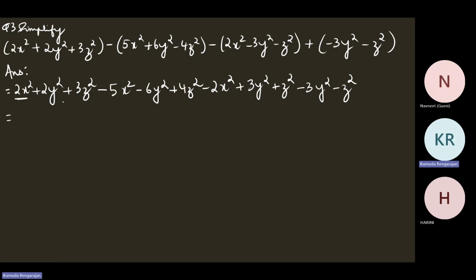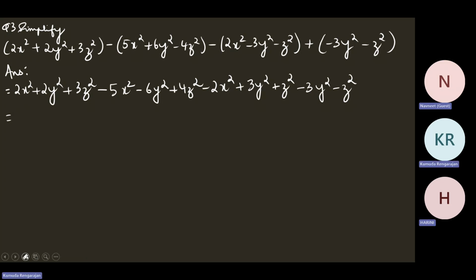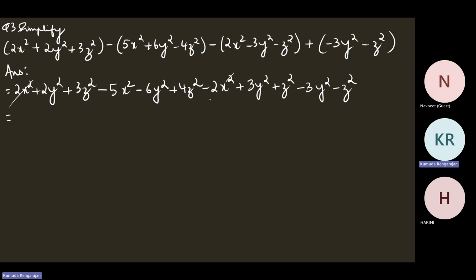See if there's a minus 2x square. Yes, ma'am. Yeah, here, so you can just cancel this and this. Then there's a plus 2y square. Is there a minus 2y square? Minus.